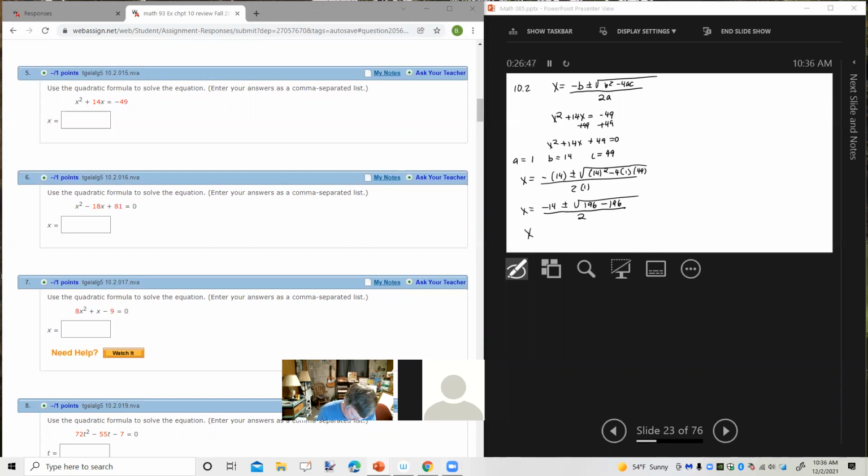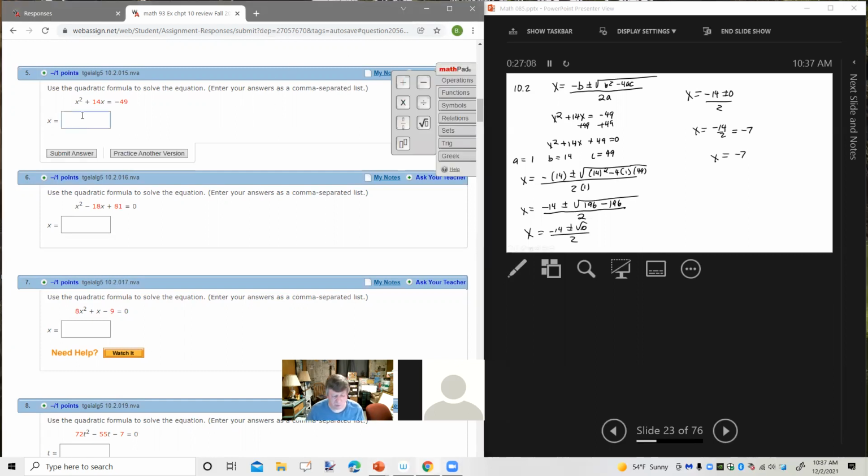So x equals -14 plus or minus the square root of 0 over 2. The square root of 0 is 0, all over 2. So x is -14 over 2, or -7. So x equals -7, and this is a repeated root. So let's see here, we'll just put in -7 and see what it says.